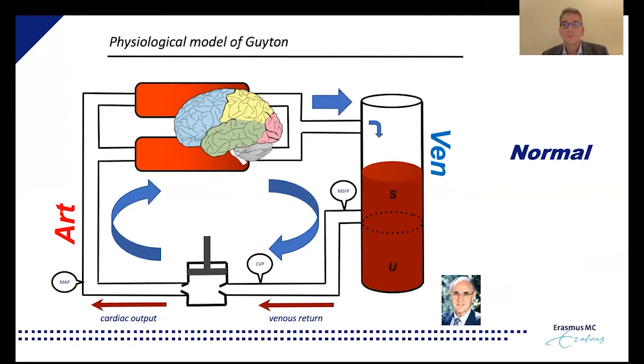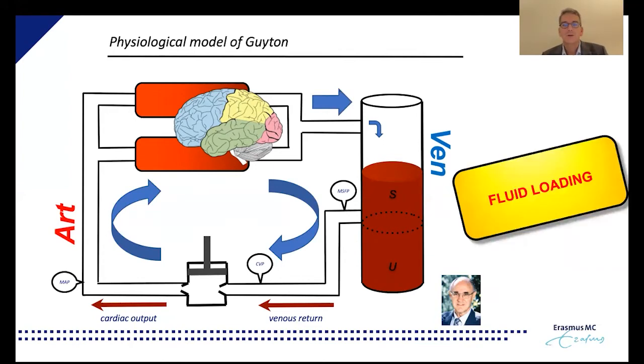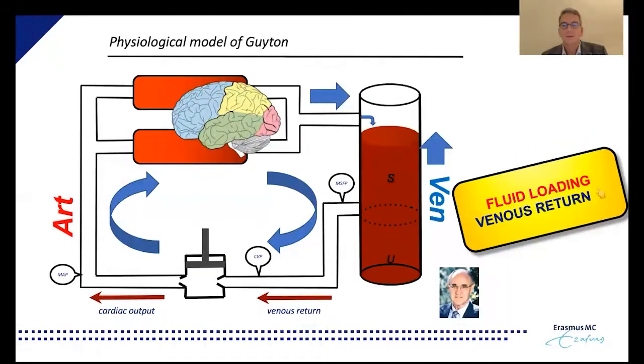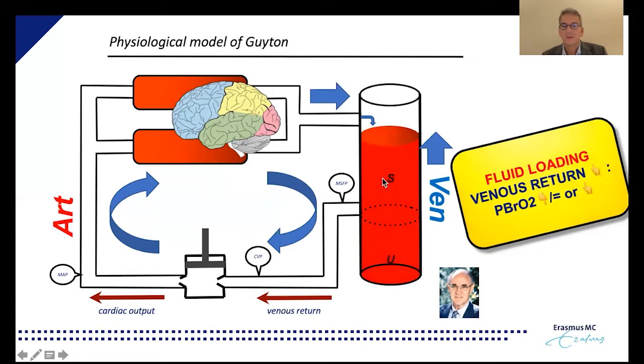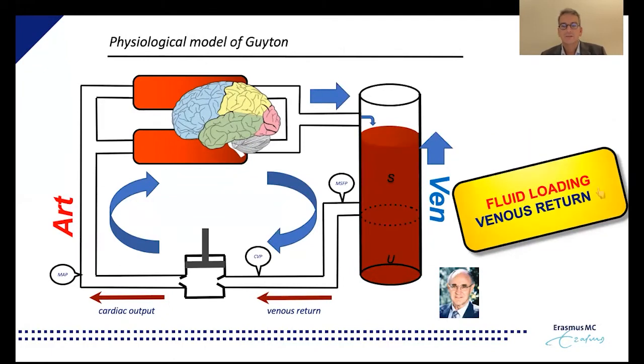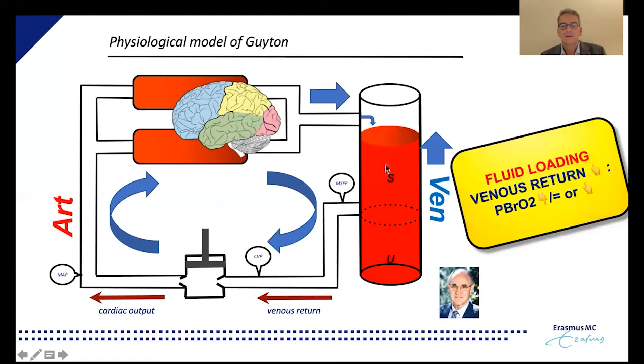Back to the normal situation. Then what happens when we apply volume loading, fluid loading? The stressed volume goes up and the preload goes up too. It might have a variable effect on the PbtO2. This is because, as you see, it turns lighter because the hematocrit will dilute.